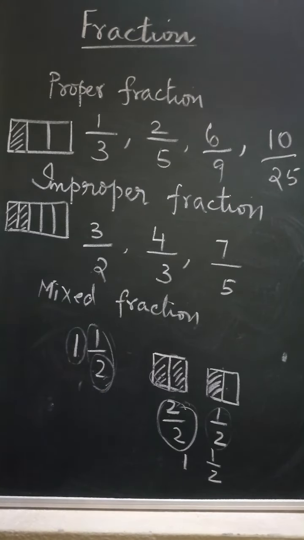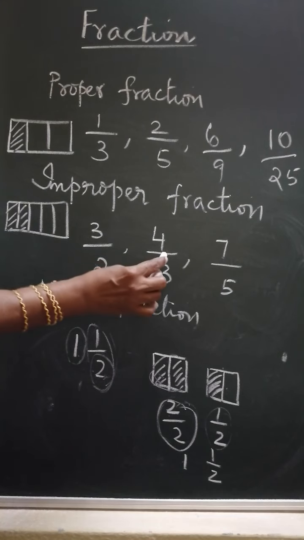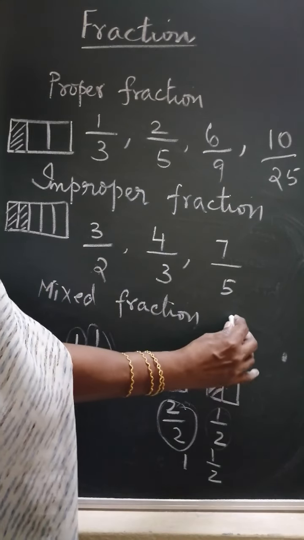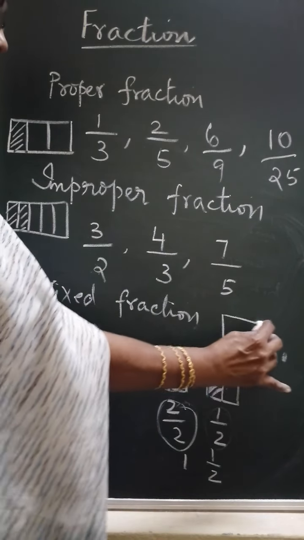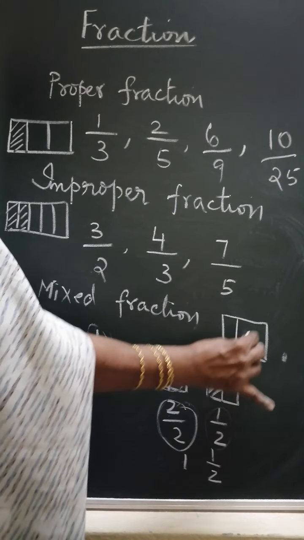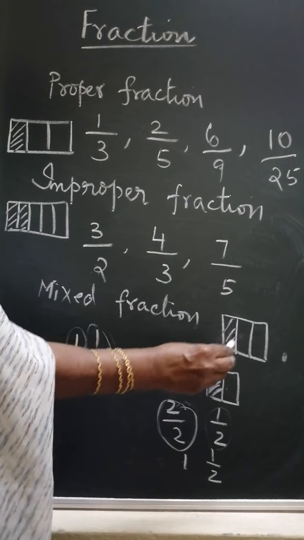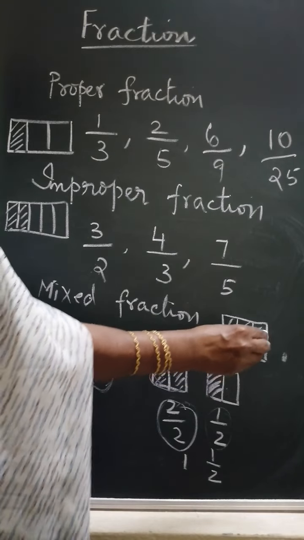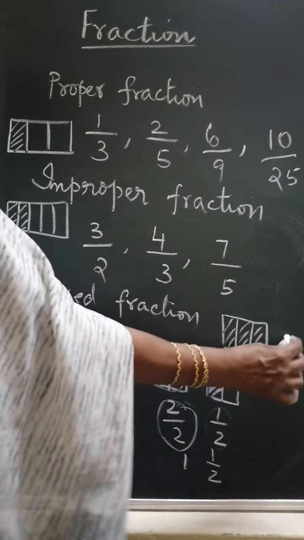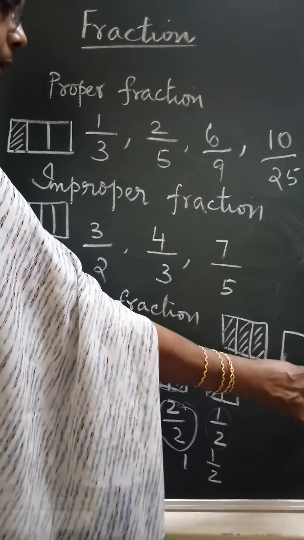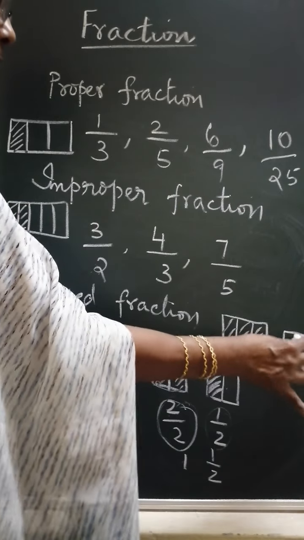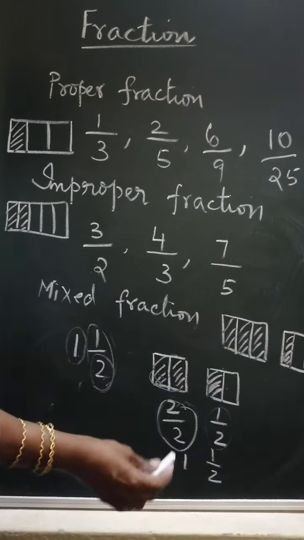To clear it once more, now consider 4 by 3. 4 by 3 means this is divided into 3. The whole part, and next out of this 3, 1 part.